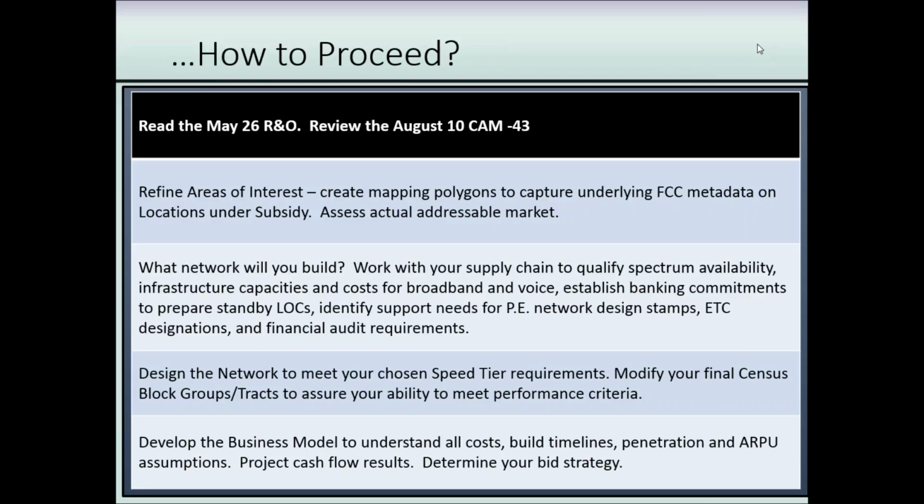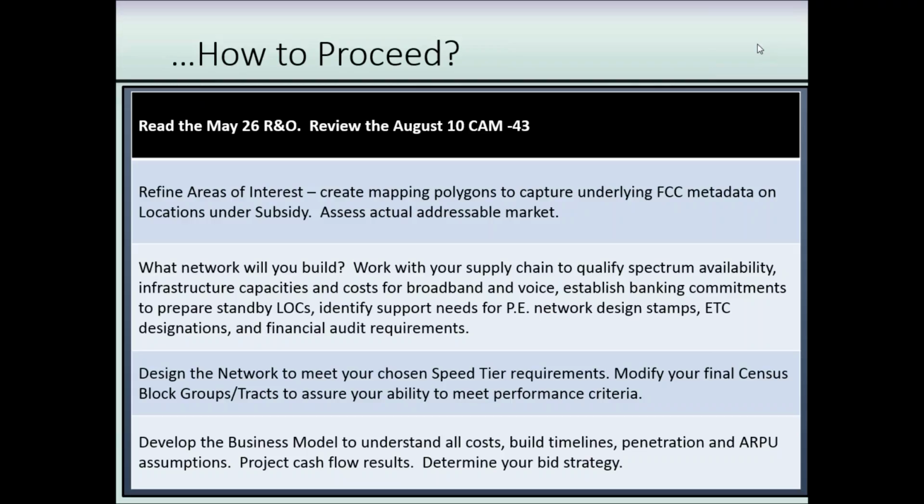But should you keep CAF in mind, and should you potentially start to act upon it? I think in many cases the answer to that question is yes, because we have 90% of the rules established. We know where, on a preliminary basis, the funding is made available and how much the reserve is.